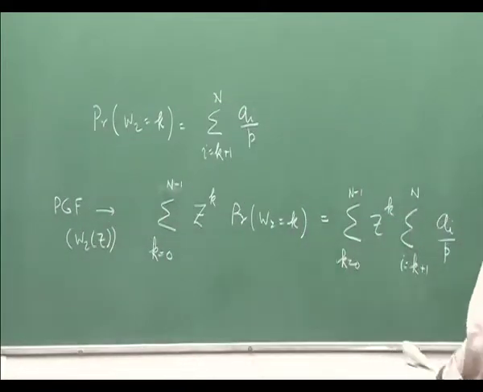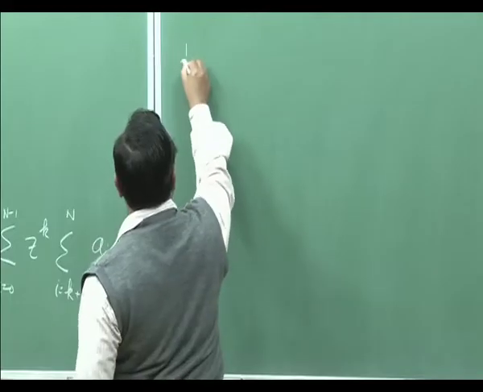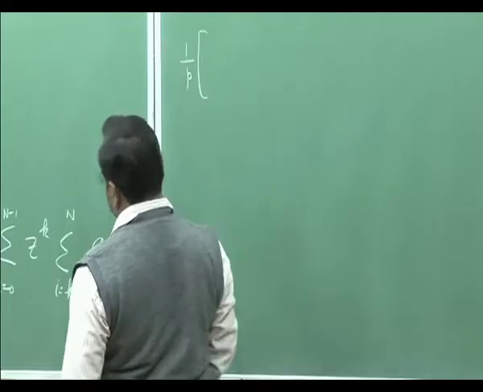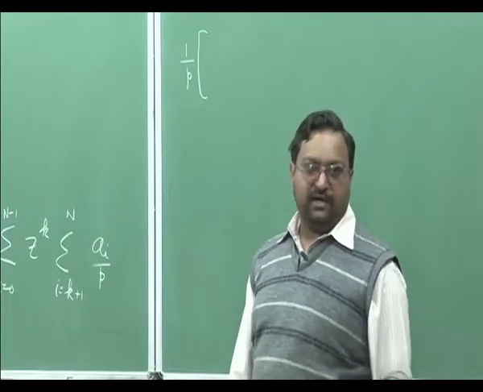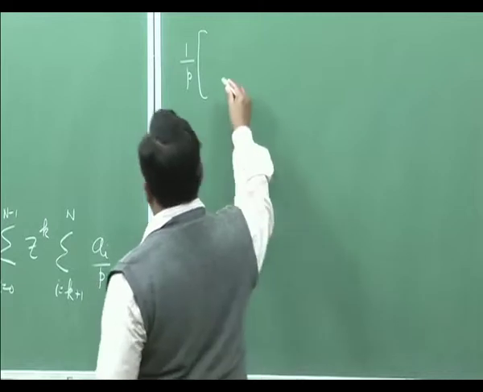So you can now solve for it. This one is pretty straightforward once I give the technique. 1 over p I can always take out, and of course a_i we already know, and I can solve.